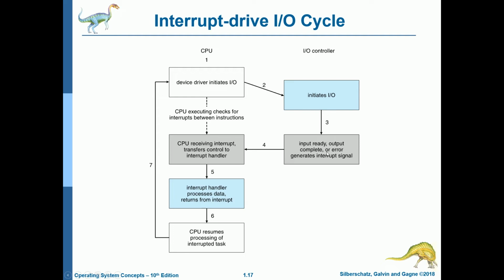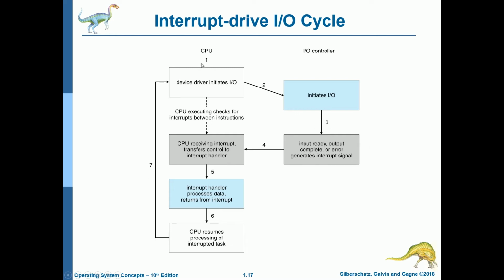Transitioning from here, if the input is ready or the output's complete, or an error generates some sort of interrupt signal, that's when we send it over to the CPU saying that we have received this interrupt and we need to transfer the control to the interrupt handler. Once that happens, the interrupt handler processes this information and then returns from the interrupt. And finally, once it's returned from here, the CPU resumes the process that was interrupted by that task and then goes back up to here.